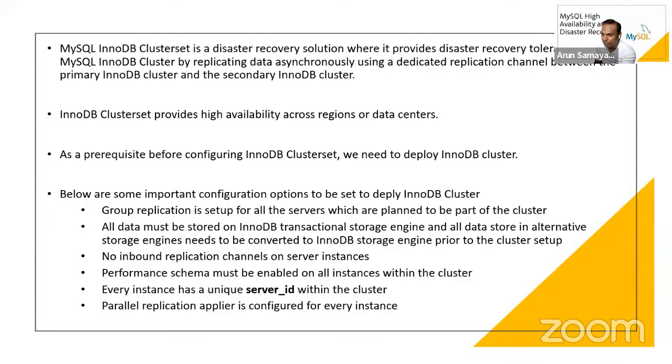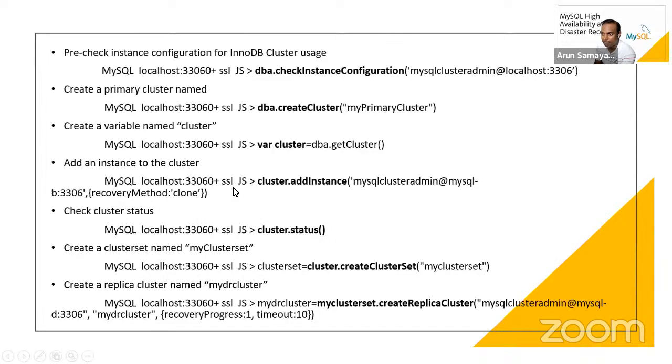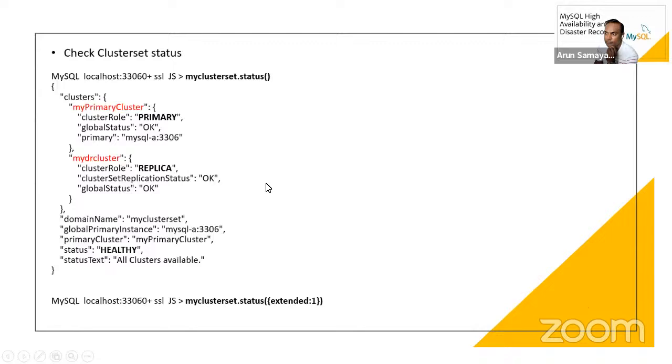These are some of the configuration options. We did talk about what is required with respect to group replication and the functionality the InnoDB cluster set provides. Next slide. And the cluster usage: these are the different cluster set creation commands, how to create a replica cluster, and the different commands you would use. Next slide. This is how we check cluster set status, just like we do for the InnoDB cluster.